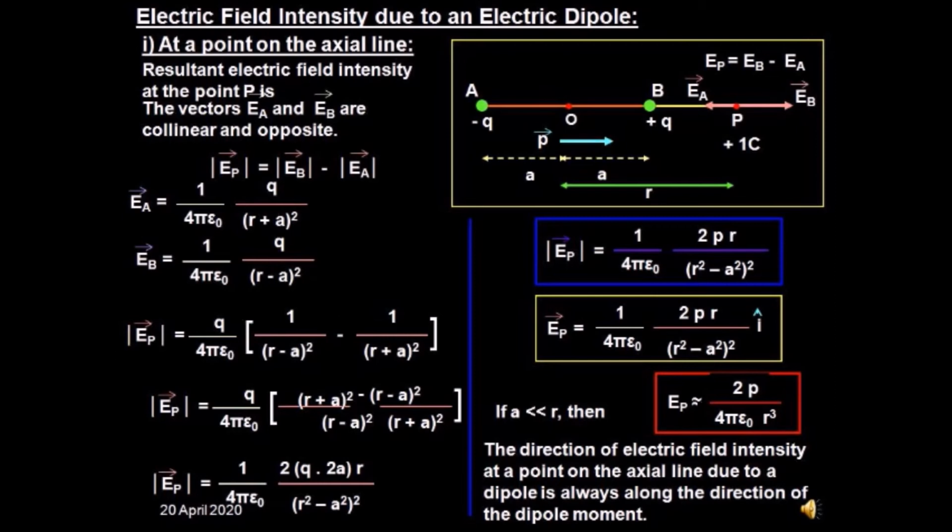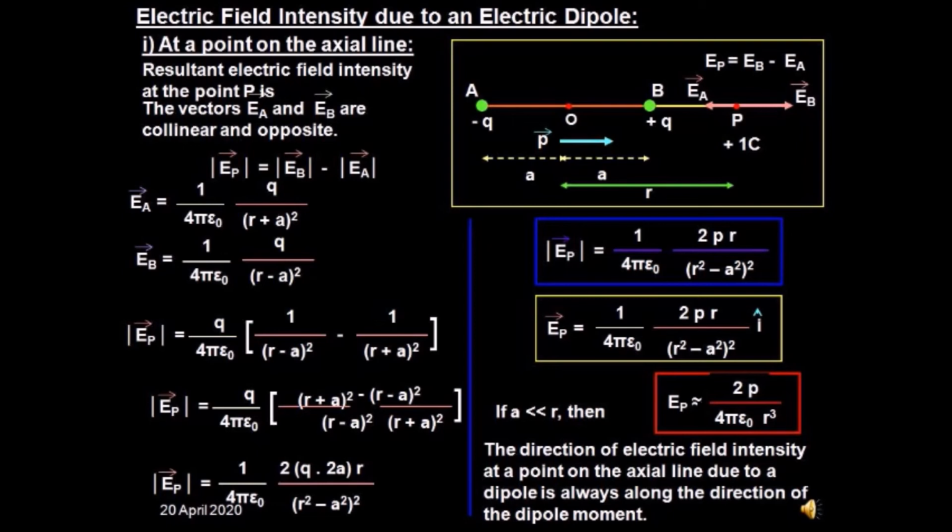So in the third step now we will put the EB and EA values here, and since Q upon 4 pi epsilon 0 is common in both, it will be taken common, and in the bracket 1 upon R minus A whole square minus 1 upon R plus A whole square will appear. Now after applying the vector rules, we have to simplify this expression using simple mathematical tools, that means we will take LCM and solve this expression.